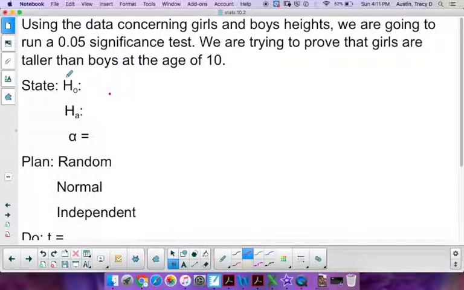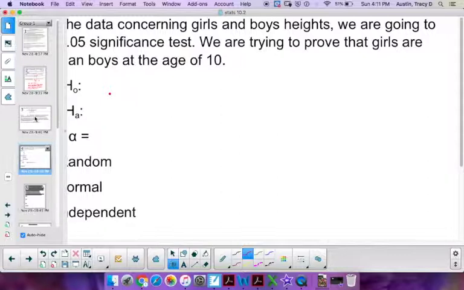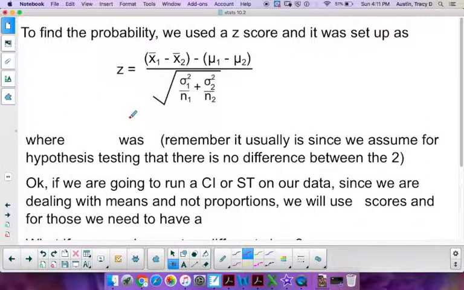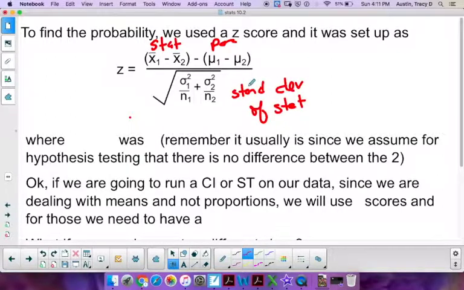We're going to run a ho-ha. Okay? And in order to run a ho-ha, let's make sure I have what I want. Yeah, this is what it is. That's basically the overall formula. This is still statistic minus parameter divided by the standard deviation of your statistic. Okay, so that hasn't changed.